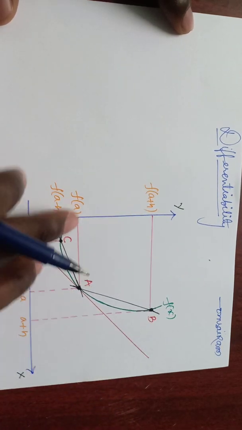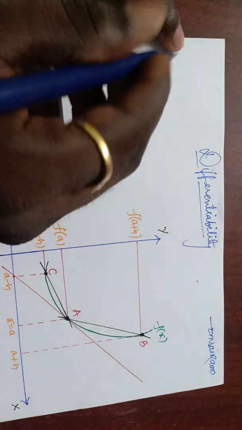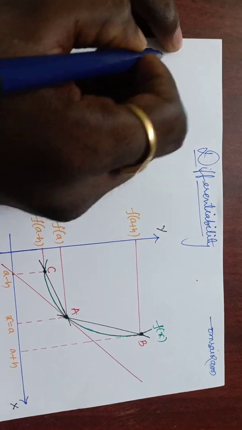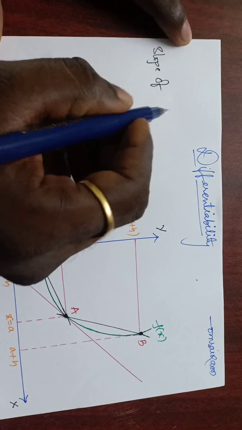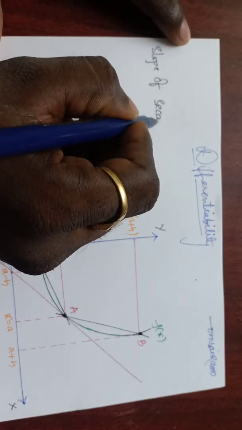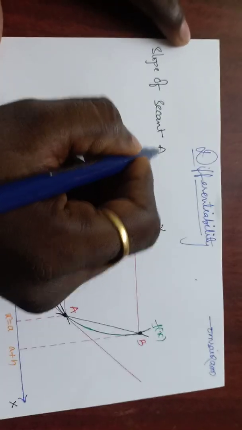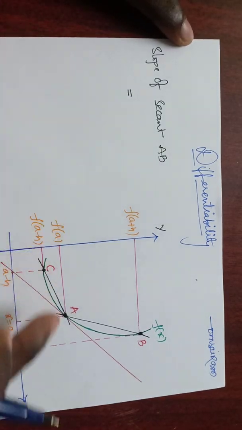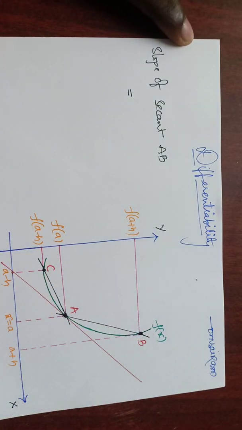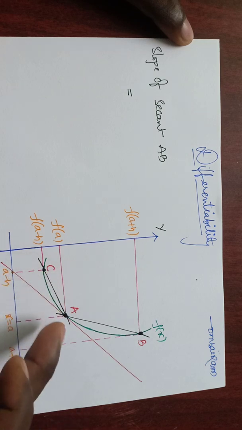Okay, now what is the slope of secant AB? Slope of secant AB equal to what? Now what is slope? y2 minus y1 by x2 minus x1.